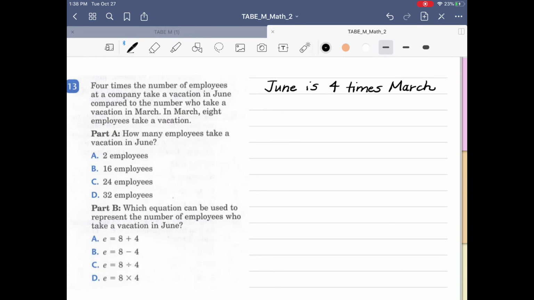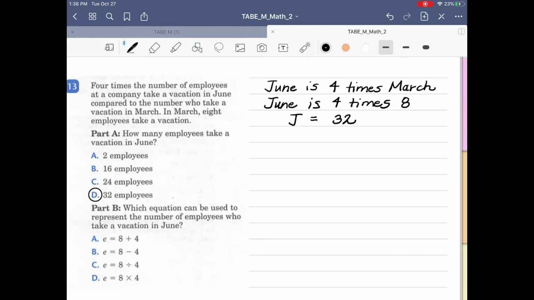In March, 8 employees take a vacation. So June is 4 times 8. That means June is 32. How many employees take a vacation in June?